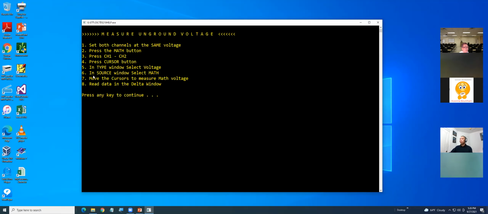In the source window, select math. Move the cursor to measure the math voltage. Read data in the delta window. That is step by step in order to be able to measure 2 points without the ground.